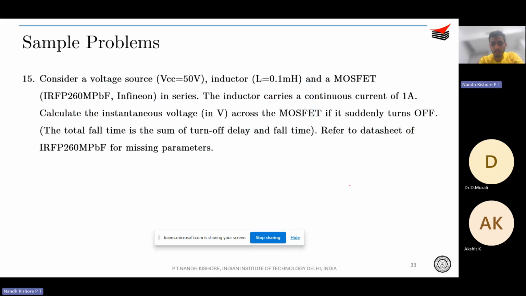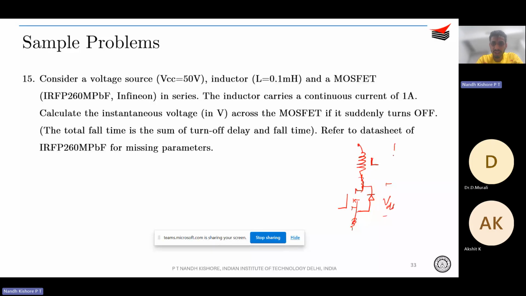You can assume that the MOSFET would be something like this. I will lump all the inductances together, because we will have inductances over here, over here, and so on. That is L. This is your VDS, right?